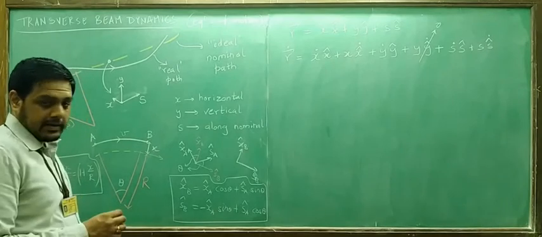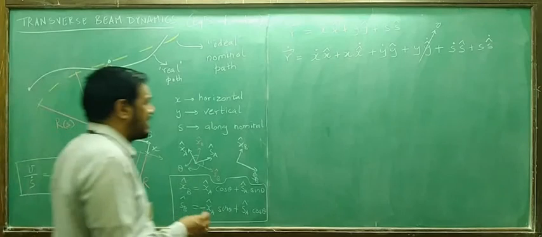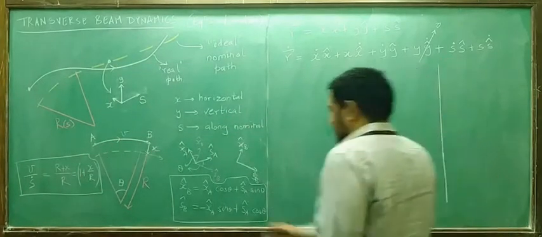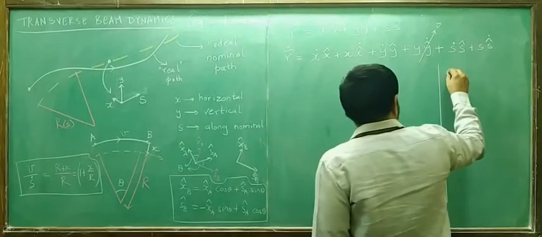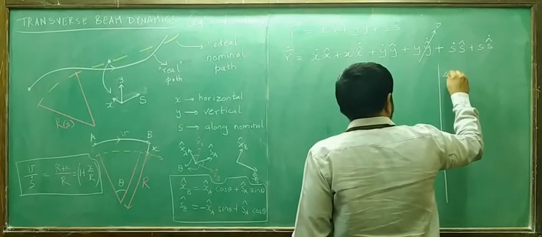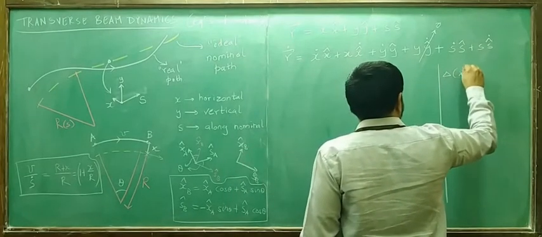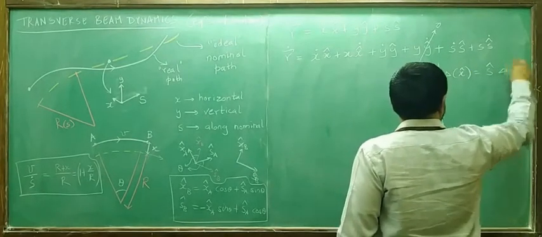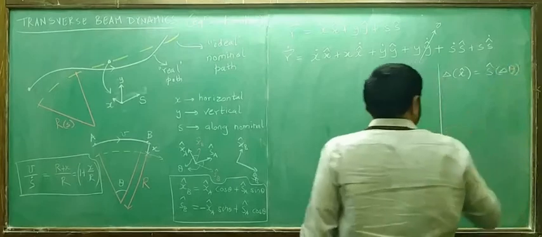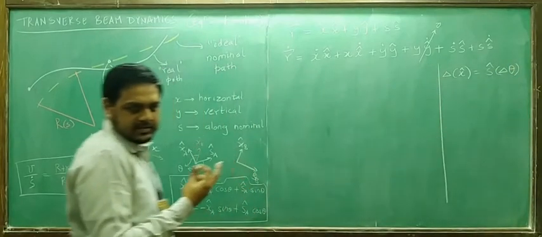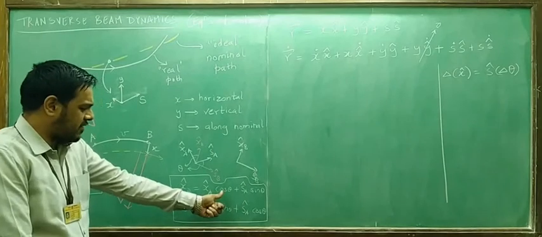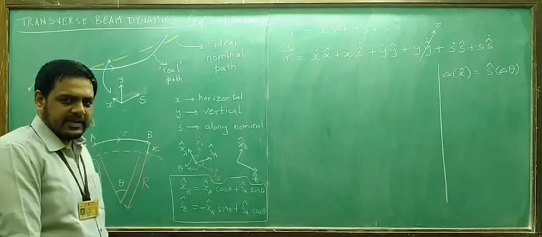Let me repeat all the arguments, let me write it down. So from here, we can come up with the variation in x hat is equal to s hat times the variation in delta theta. I am not going to make it more explicit than this. I think that is explicit enough. It's a small term from here. You just replace theta by delta theta.